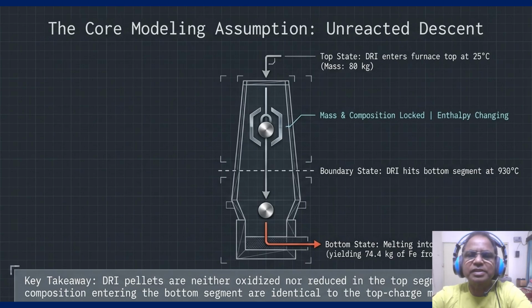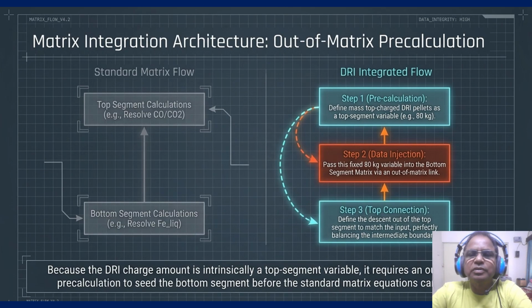Now that our assumptions are locked, let's look at the actual architecture of the matrix integration. The challenge with the DRI is that the charge amount is a variable in the top segment, but our calculations usually flow from the bottom segment up.